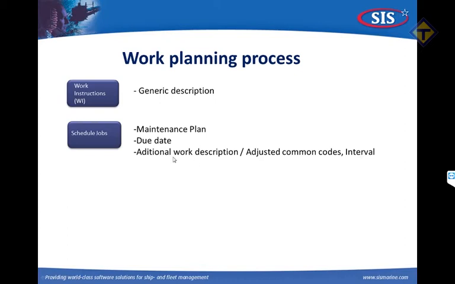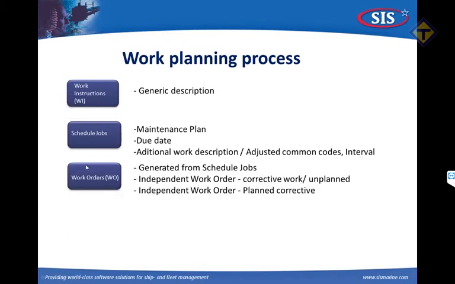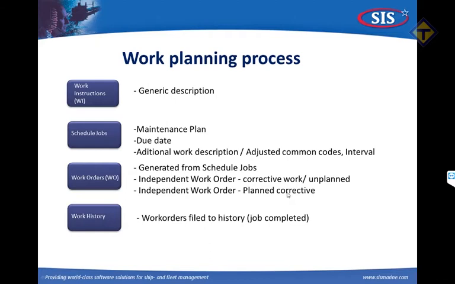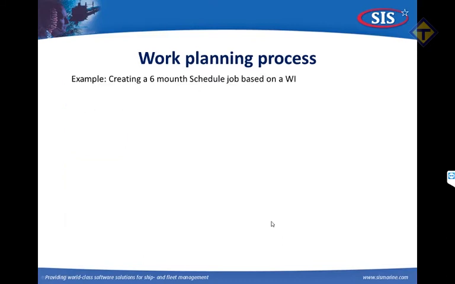To cover the scheduled jobs, the system creates what you call work orders, generated from the scheduled jobs, or they can be independent, as a corrective work plan, unplanned, or just a corrective action. And the history is the work orders that were filed to the history, job completed. All right, thank you. That is clear. If you need to proceed with the other presentation.